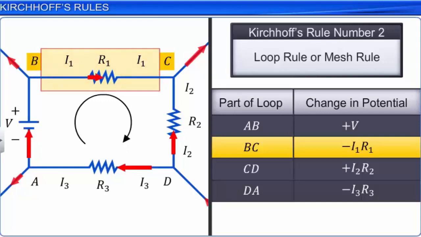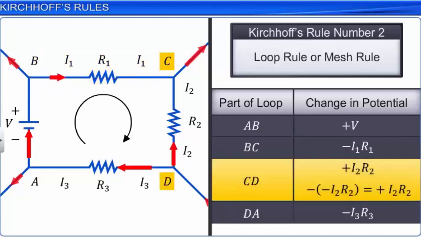CD. Current I2 passes through R2. The direction of I2 is opposite to the direction of walk-through. Current always flows from a higher potential to a lower potential. Therefore, the change in potential is minus of minus I2 into R2, which is equal to plus I2 into R2. Another way of expressing this concept is as follows.